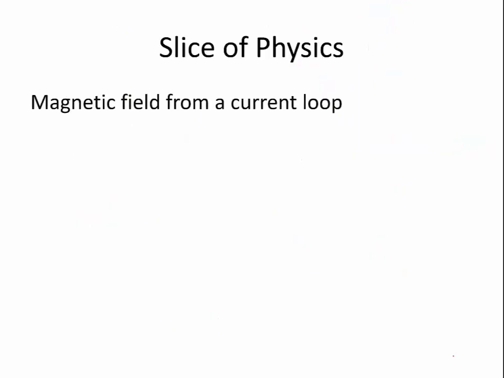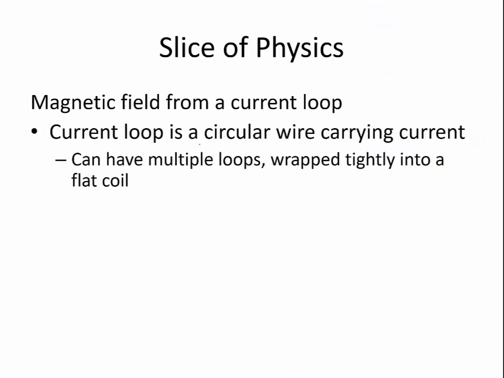So to recap, we talked about the magnetic field from a current loop in this video. At first, we discussed that the current loop is a circular wire carrying a current, and we can have multiple loops that are wrapped tightly into a flat coil. The coil has no length, so to speak.